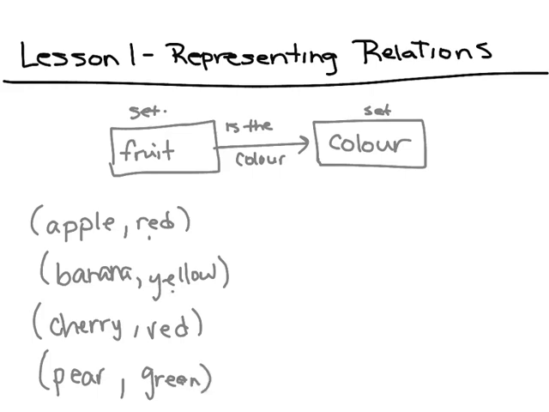Each of the colors is part of the set of colors, and these are all related to each other because they match. This is called an ordered pair. In brackets, you have the first, comma, the second.